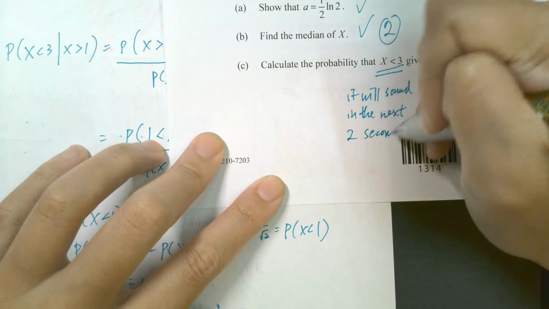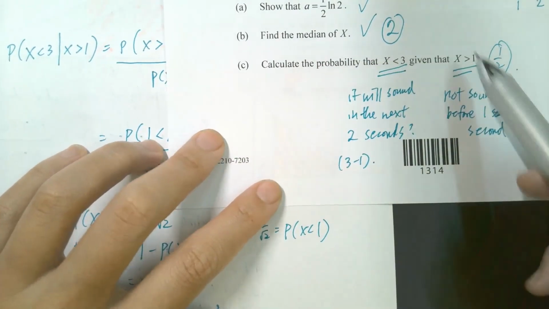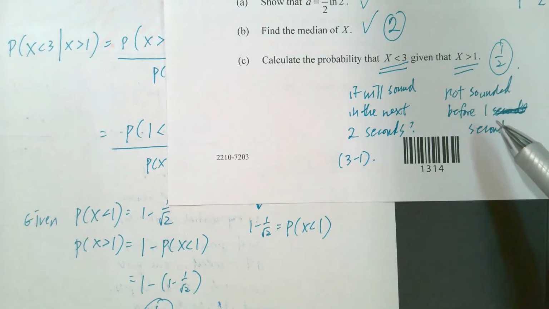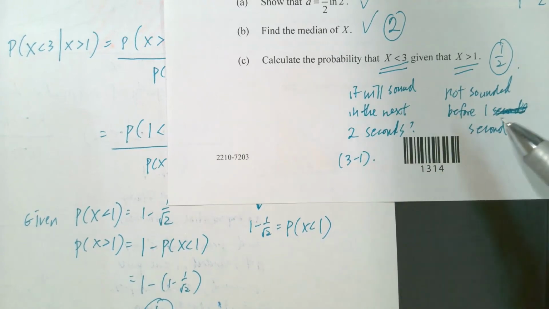And obviously the 2 is 3 minus 1, right? Given that it has not sounded in the past 1 second, what's the probability that it will sound in the next 2 seconds?